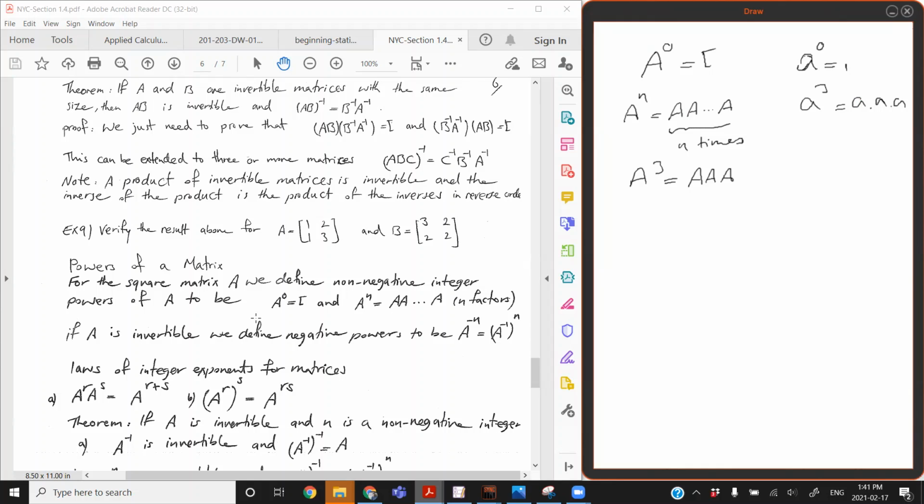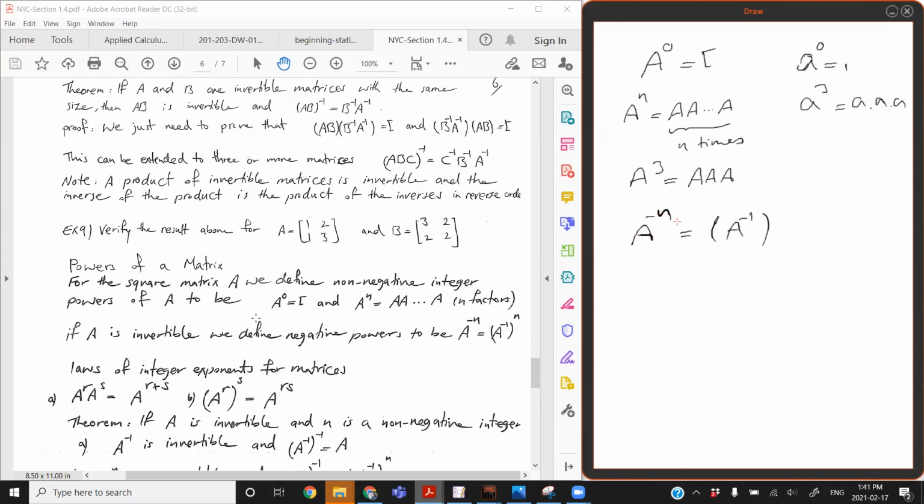Now, how do we deal with negative powers? This is how you define a negative power. A to the power of negative n is defined to be the inverse of A, raised to the power of n. This only makes sense if A is invertible, because we are assuming that A inverse exists.